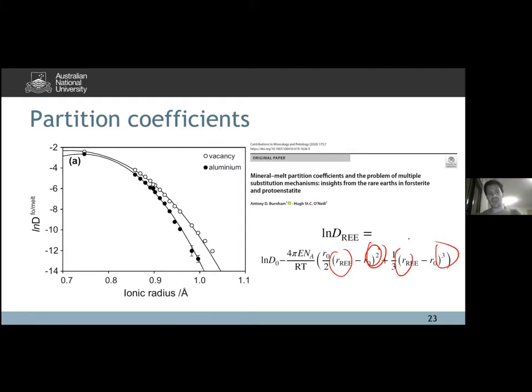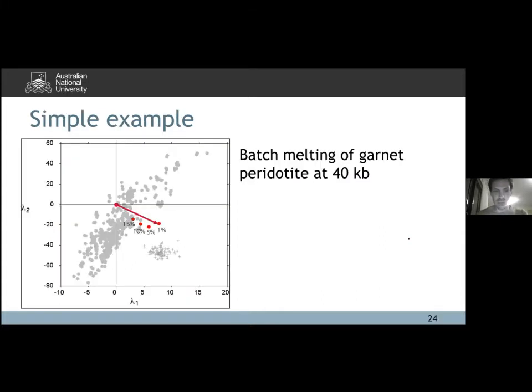So it means that we can fit partition coefficients to the lambdas as well. Then we can use that to make arrows and vectors and all kinds of things on the diagram to help us understand what is happening.